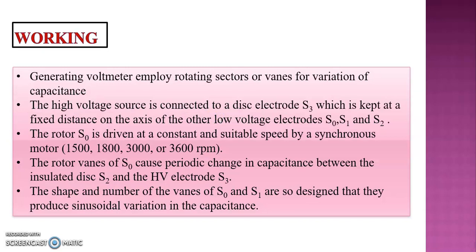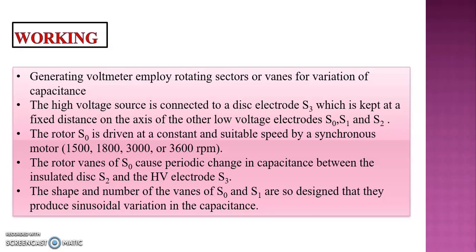Working of generating voltmeter. The generating voltmeter employs rotating sectors or vanes for variation of capacitance. As we have seen in the schematic diagram, the high voltage source is connected to a disc electrode S3 and it is kept at a fixed distance on the axis of the other low voltage electrodes, that is S0, S1 and S2.